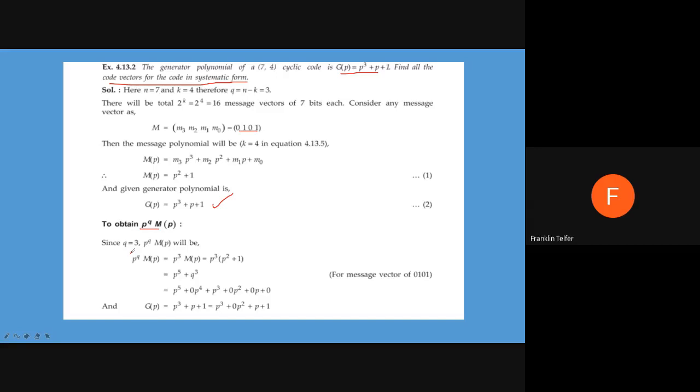So 7 minus 4, you get 3. So p power q times m of p, where m of p is the message signal. Here there is no multiplication of message and generator polynomial. You have to do the polynomial multiplication p power q times m of p. So you get p power 5 plus p power 3. The generator polynomial can be taken as p cube plus 0 p square plus p plus 1.